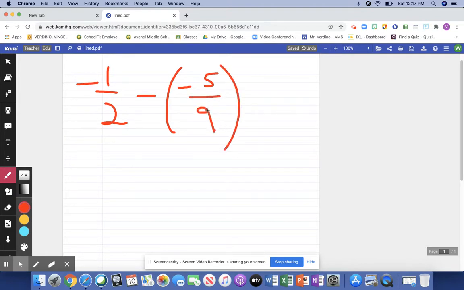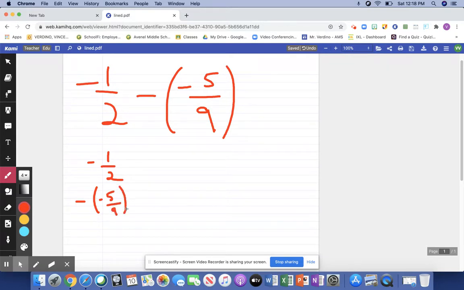So here, because it's not a mixed number, you don't have to convert it to improper. You don't have to necessarily stack it, but you can. It may be a little bit easier. So let's try it in the stack form. So I have negative 1/2 minus, we'll say negative 5/9.